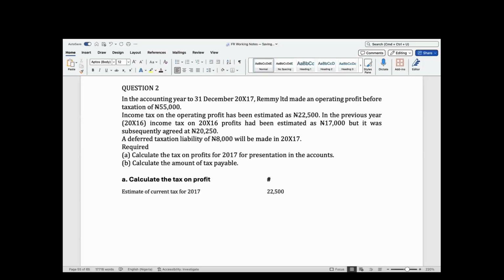And I will then make adjustments for 2016 current tax.